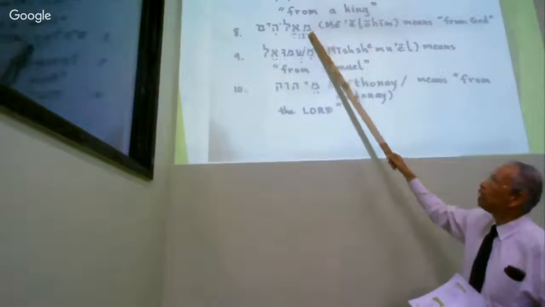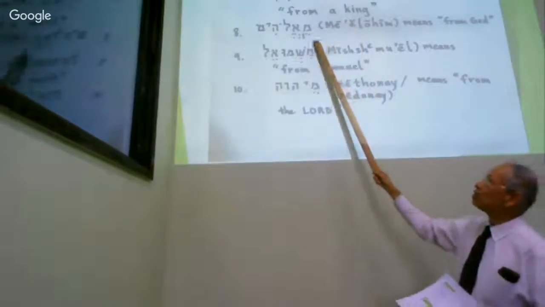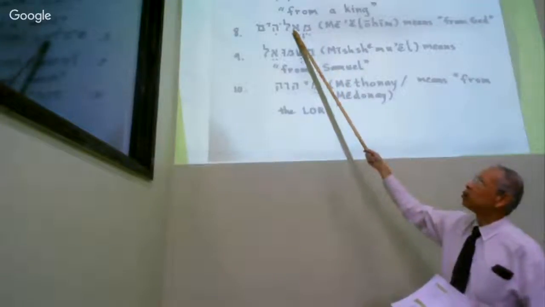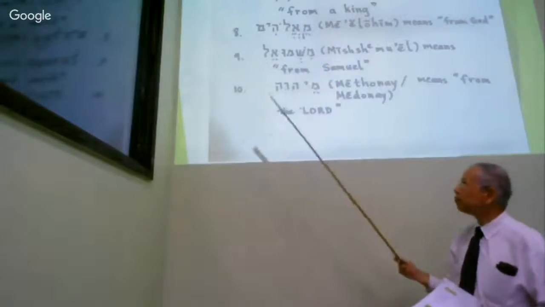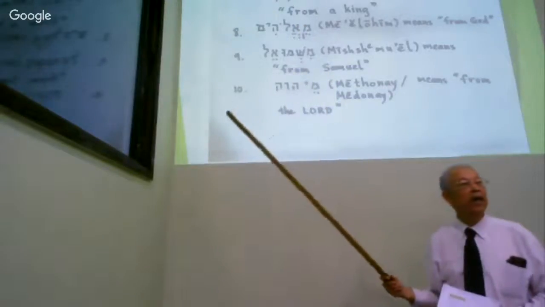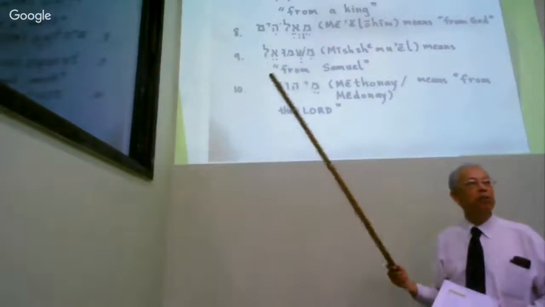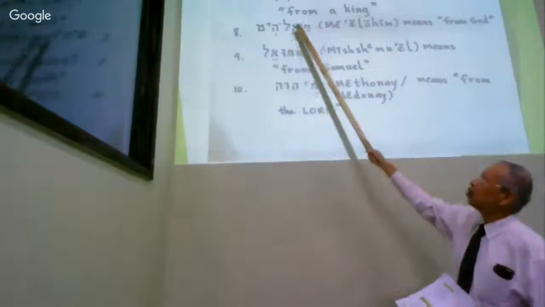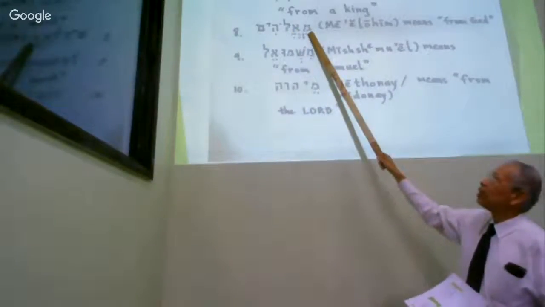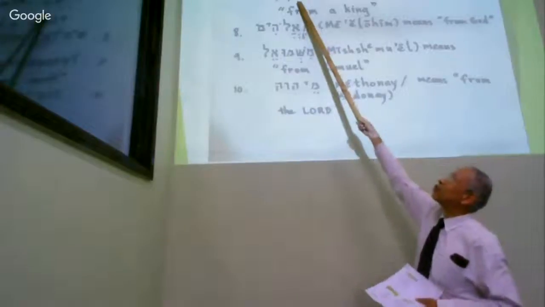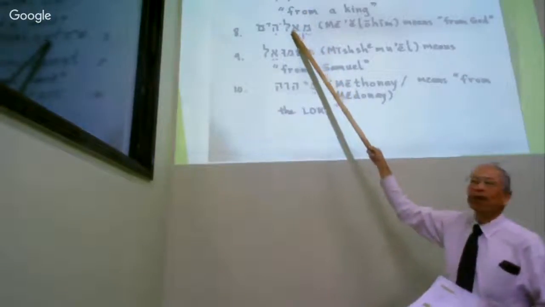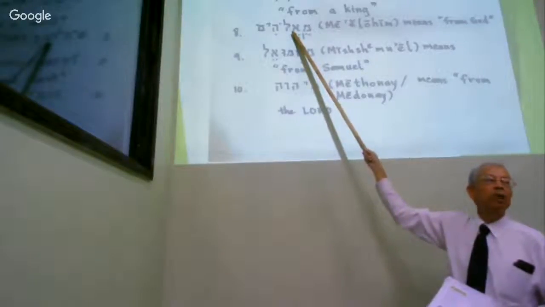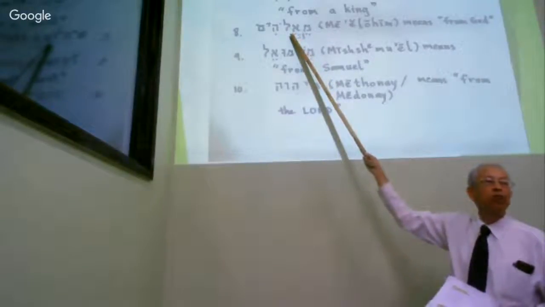So when you have min attaching itself to a word that starts with a guttural letter, it may not be aleph, it may be a he, it may be a kef, it may be an ayin. It is a guttural letter. The kiri cannot remain like this. It has to be lengthened because the guttural letter cannot be doubled to compensate for the loss of the noon.